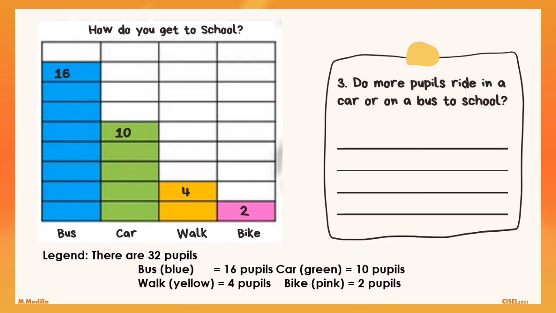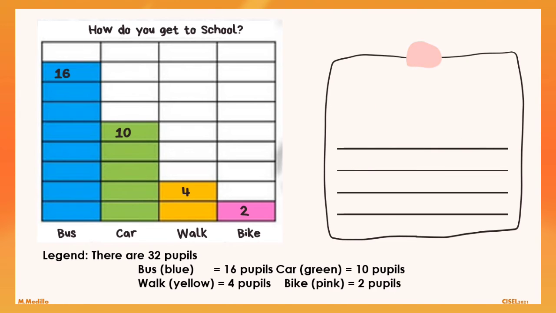Number 3. Do more pupils ride in a car or in a bus to school? Terrific! More pupils ride on a bus. Number 4. How many pupils ride in cars and on bikes?